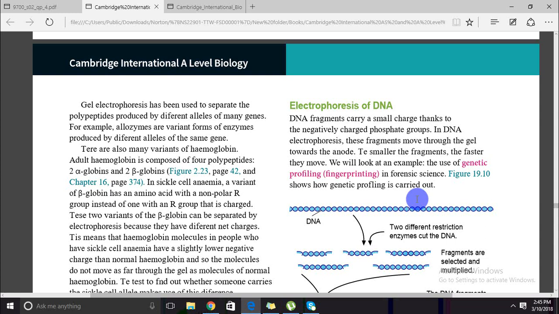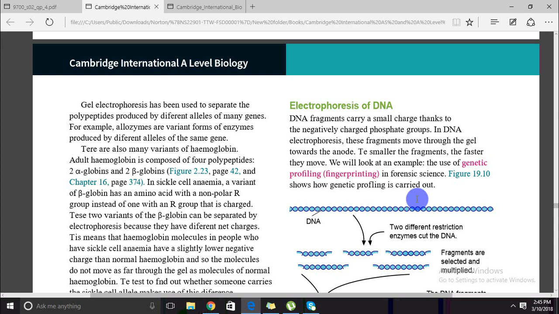So this variant basically has the same chain length, but its charge is different. How so? Because it has a non-polar R group instead of a polar R group, it will have slightly less charge and so will move a smaller distance.